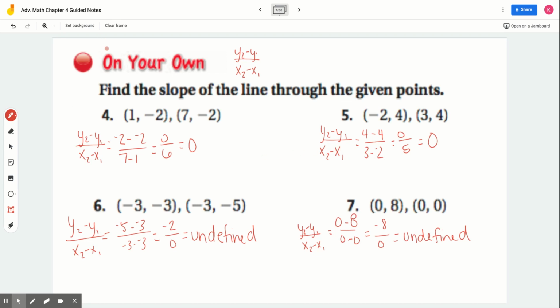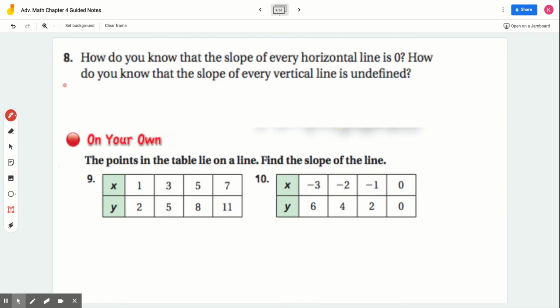Well, if you notice here, the change in the y's was 0. The y did not change. So we knew for horizontal, the y value didn't change.